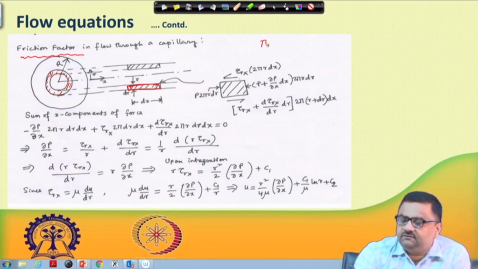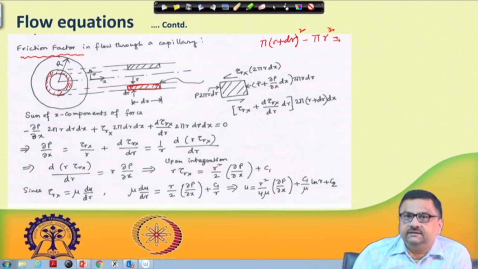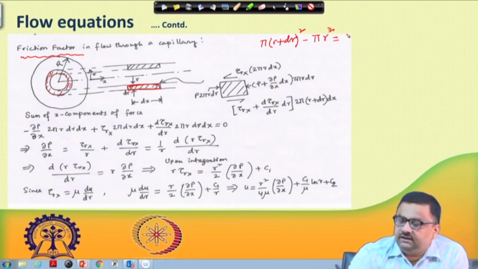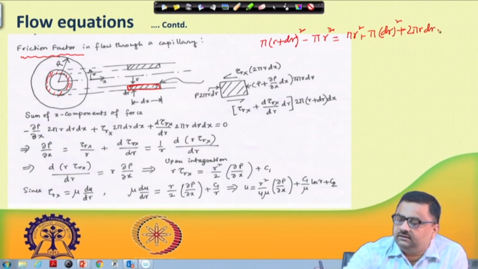The area of the annulus would be pi into (r plus dr) whole square minus pi r square, that is equal to pi r square plus pi dr whole square plus 2 pi r dr minus pi r square.